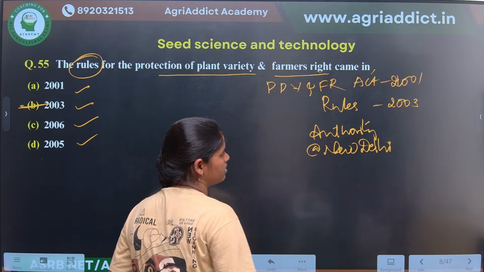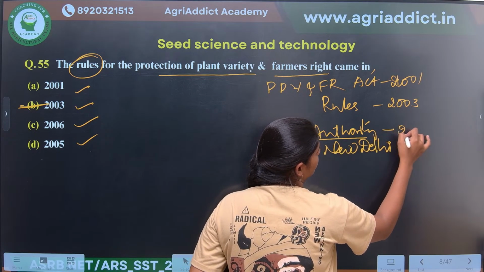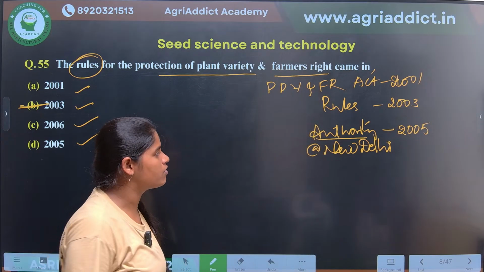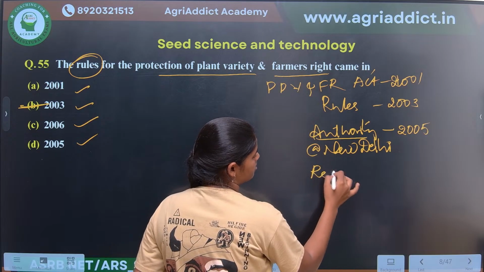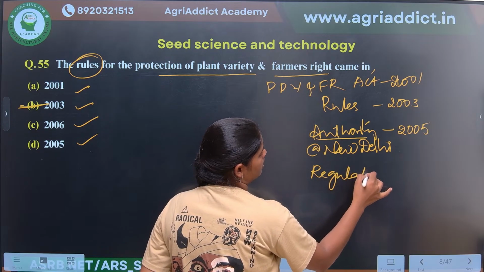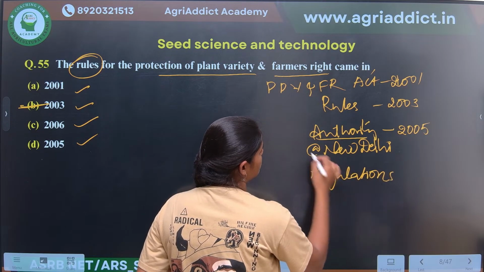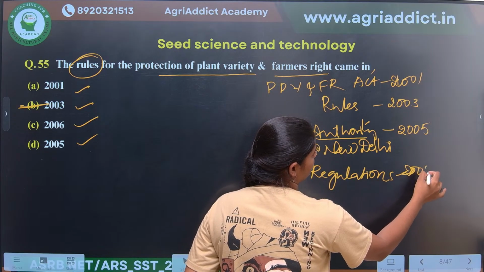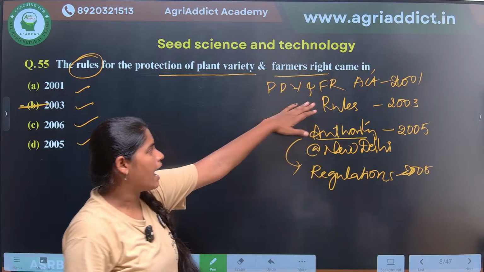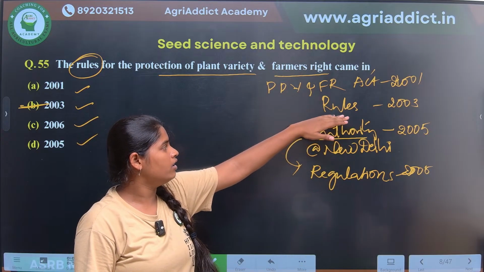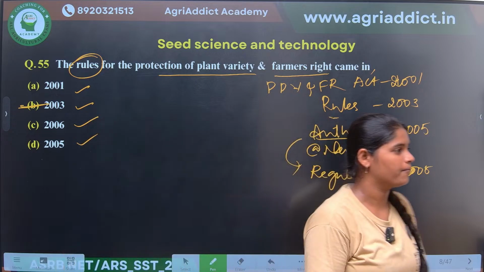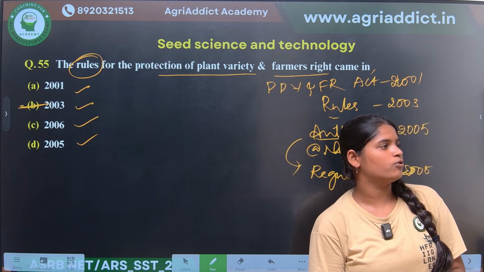People might know this. Sorry, the authority was established in 2005. And regulations, don't confuse them with the rules. When they established the authority, they gave some regulations, so it is also in 2005. So remember this: Act enacted in 2001, rules in 2003, authority and regulations in 2005. Right, Raju? It's right, 2003.